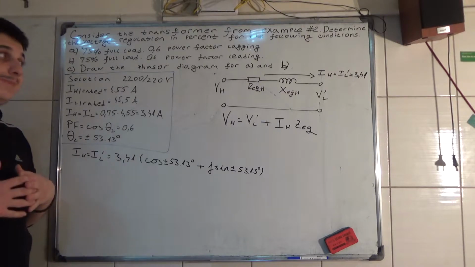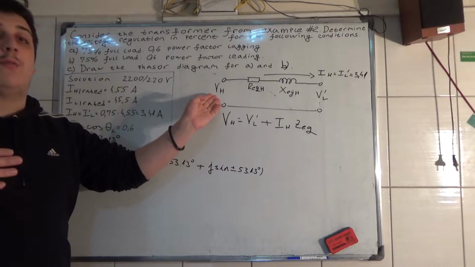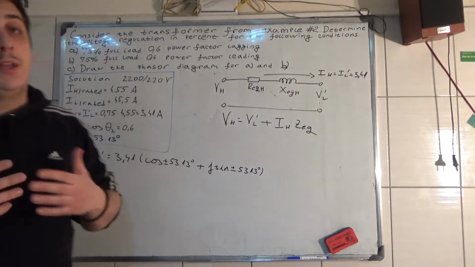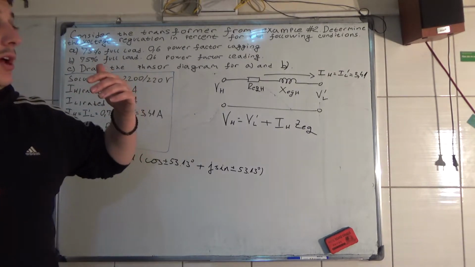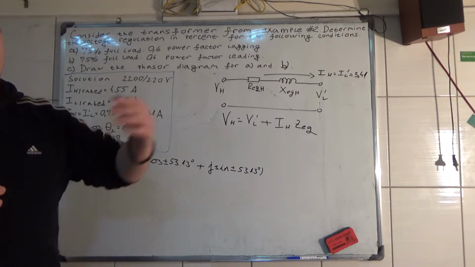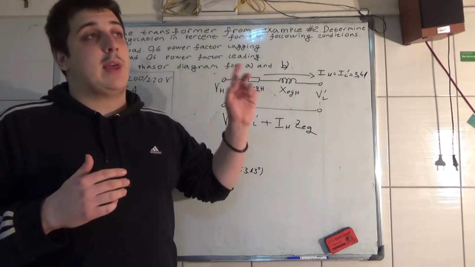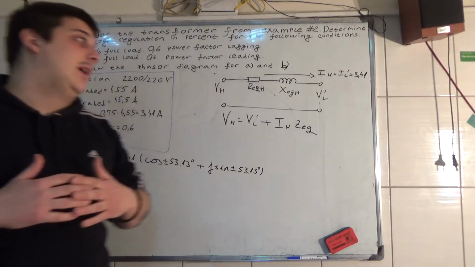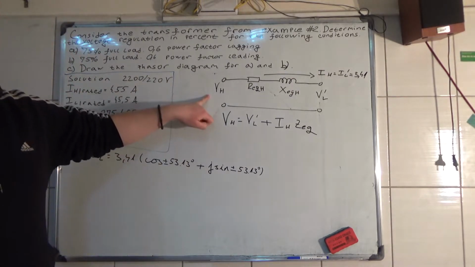Now, here is the schematic. We have the high voltage and the low voltage terminal. In this situation, we will have a constant voltage on the low voltage terminal, which, because it is referred to the primary side, is 2200 volts, zero phase degrees. Why? We'll see later. But the high voltage changes.